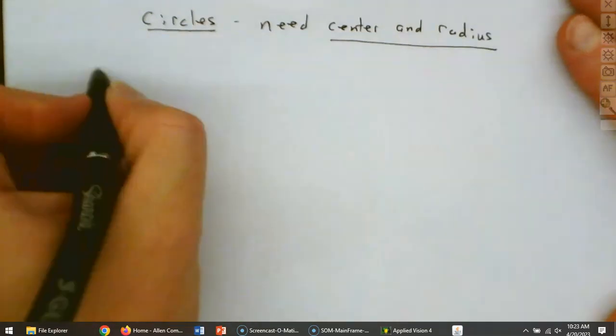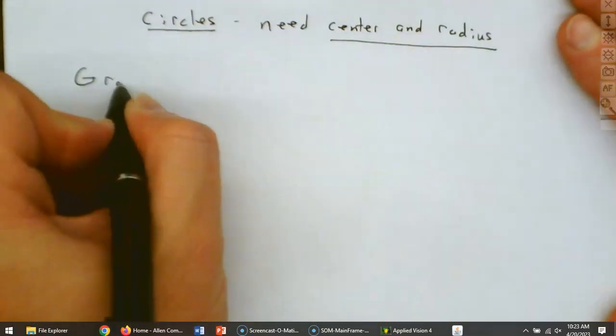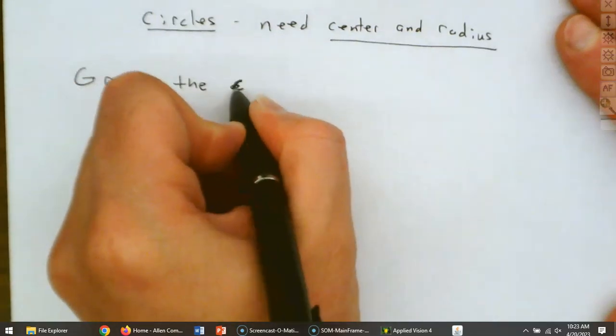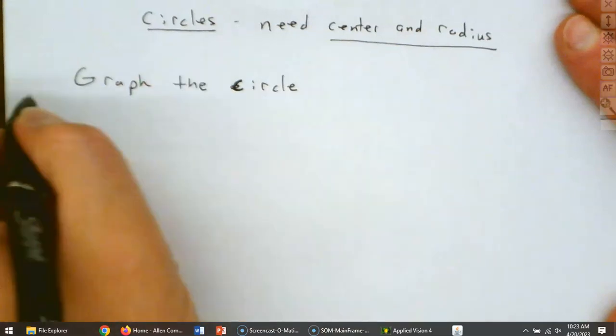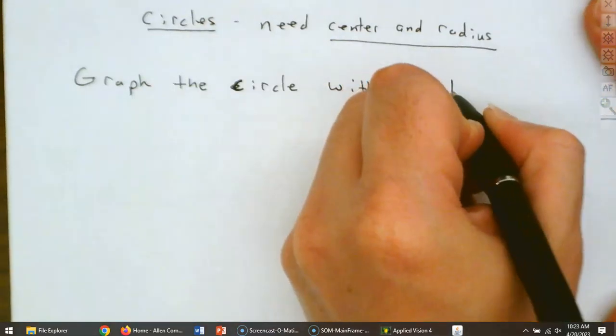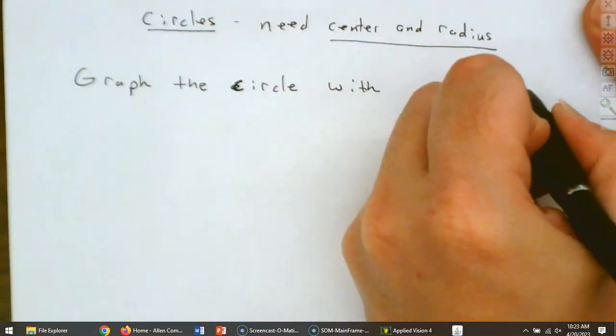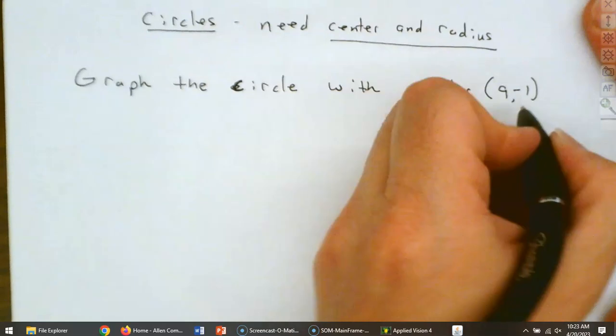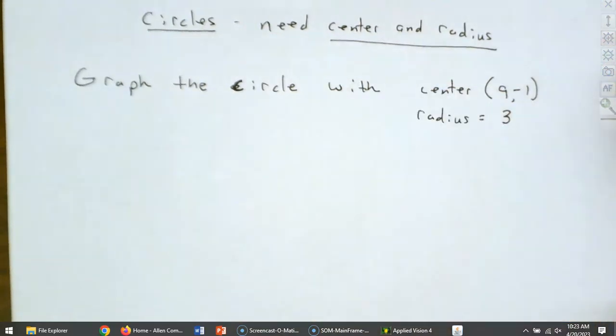So let's just begin by graphing a couple of circles. So we're going to graph the circle with a center at 9, -1, and a radius of 3. This is very easy to do when we have a center and a radius.